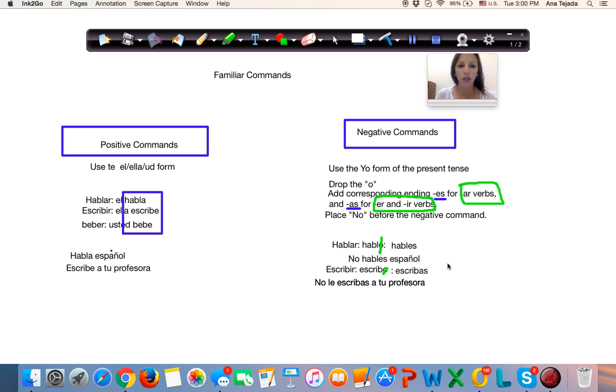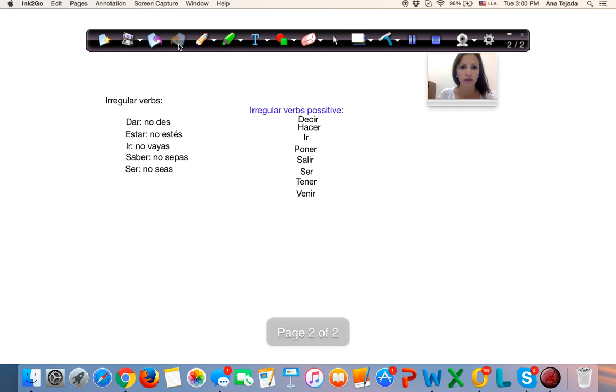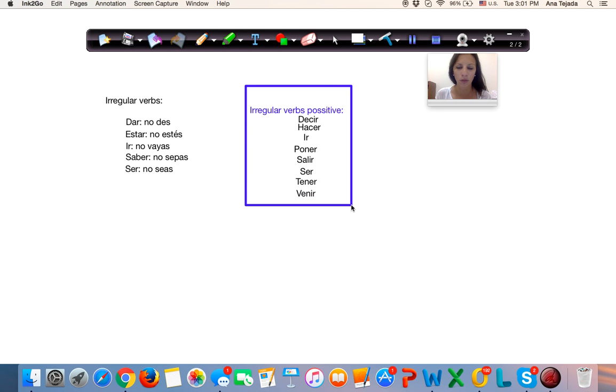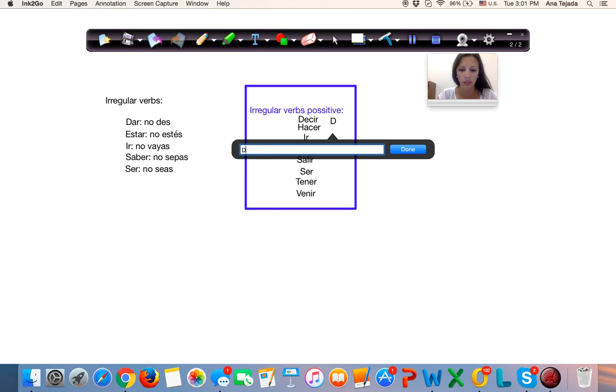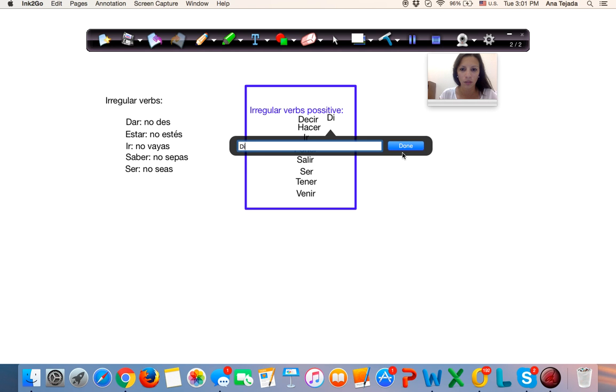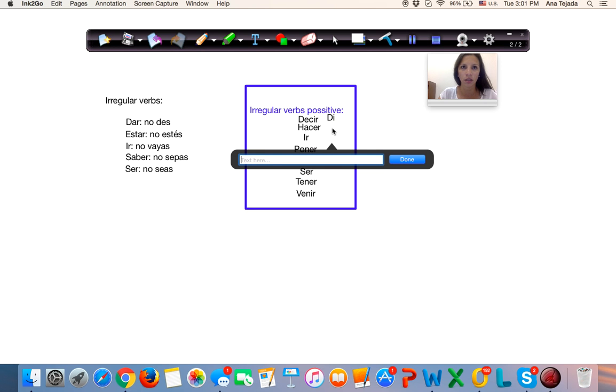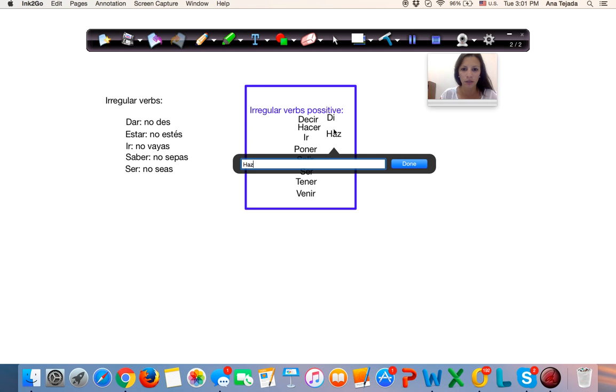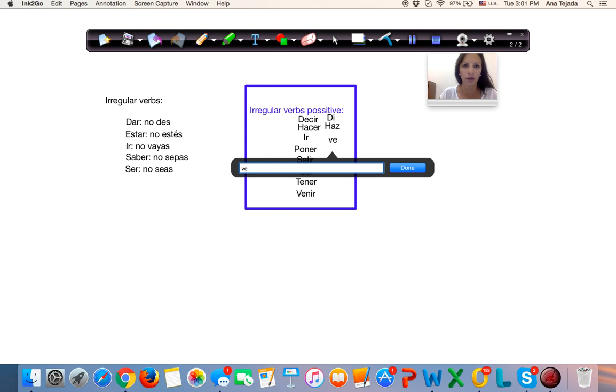Ok, chicos. Como en otros verbos, en otros tenses, tenemos verbos irregulares. Let's look first at our irregular verbs in the positive form. We have decir, and our irregular conjugation will be di. We have hacer, and our irregular conjugation is going to be haz. We have ir, and the conjugation is ve.